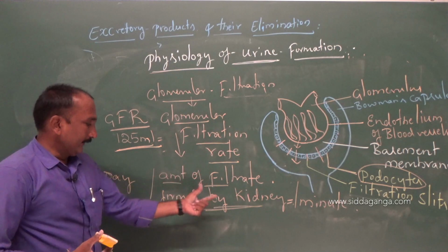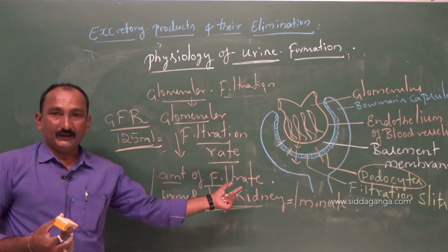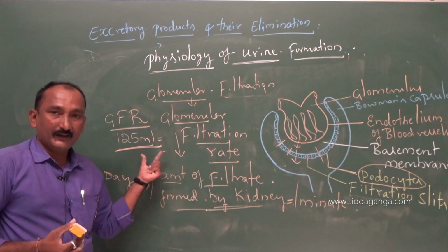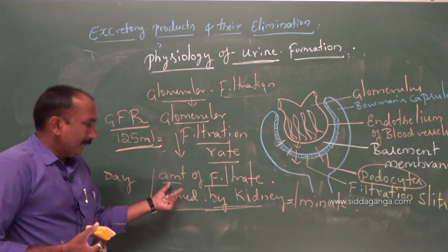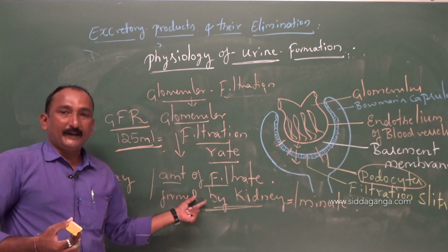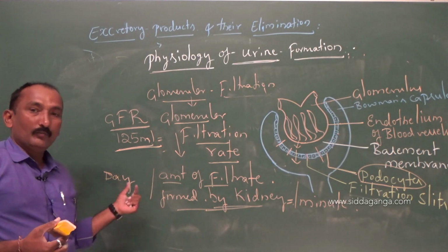The amount of filtrate formed by the kidney per minute is about 125 ml. The amount of filtrate formed by the kidney per day, how much?